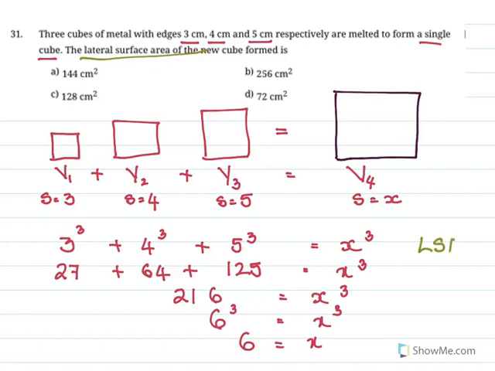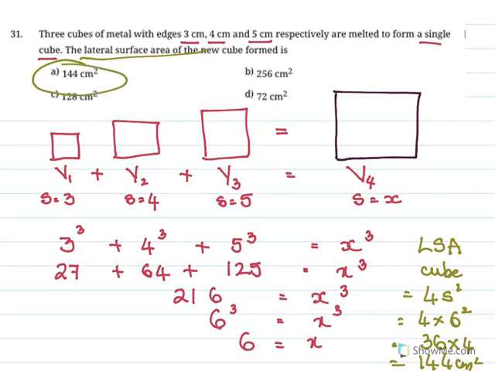So the lateral surface area of a cube we know is 4s square. This is 4 into 6 square. So the answer for this will be 36 into 4 and that is 144 centimeter square. So the answer is 144 centimeter square.